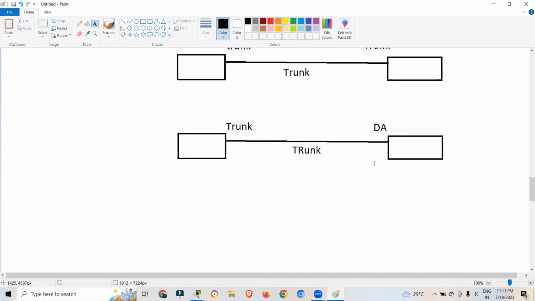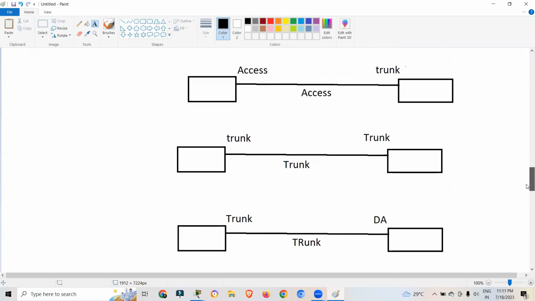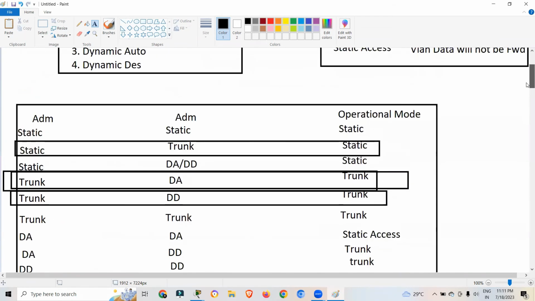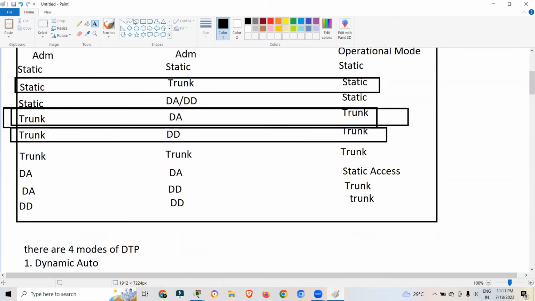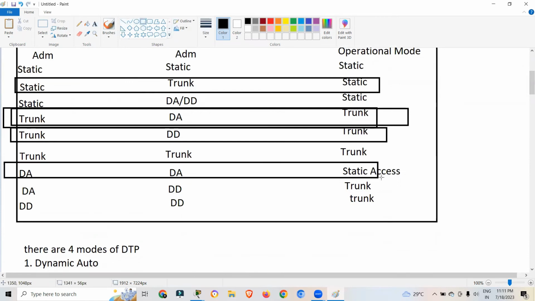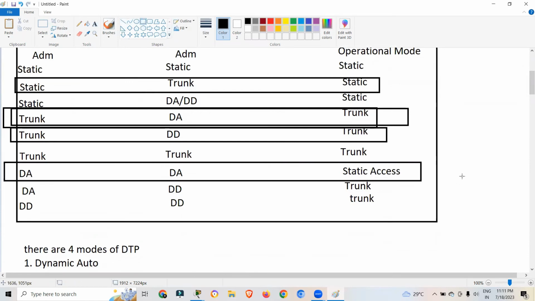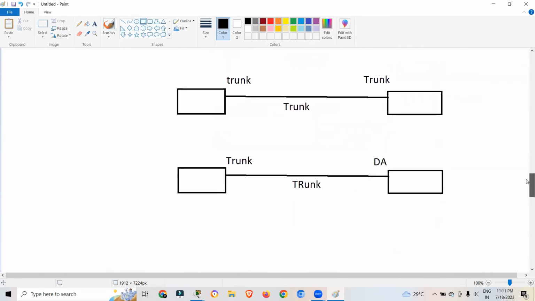Is dynamic auto plus dynamic auto trunk or static access? It will be static access. In your example you mentioned trunk, that is by mistake actually, I copied from another. By default that will be static mode.